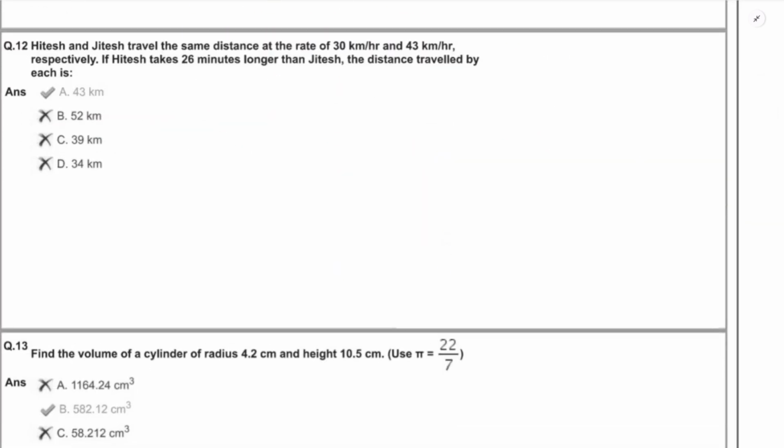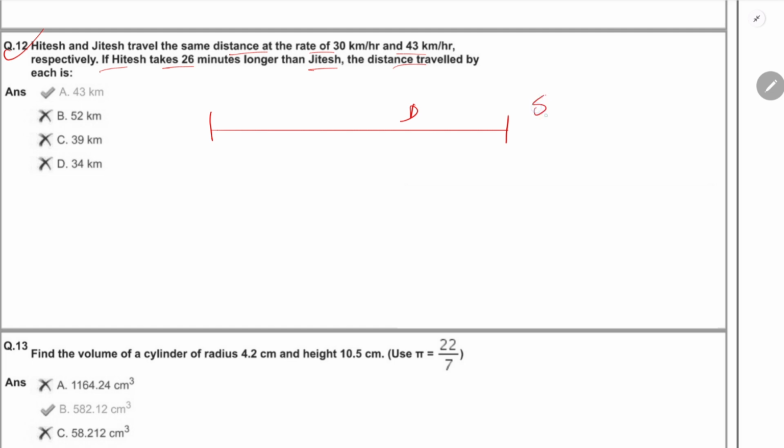In question number 12, Hitesh and Jitesh travel the same distance at the rate of 30 km per hour and 43 km per hour respectively. If Hitesh takes 26 minutes longer than Jitesh, the distance traveled by each is... Suppose the distance is d. The rate means speed.